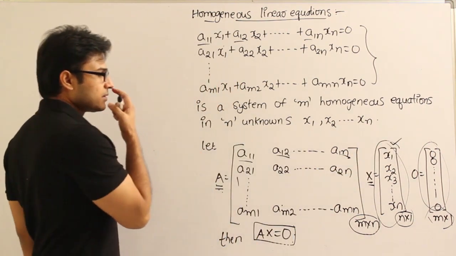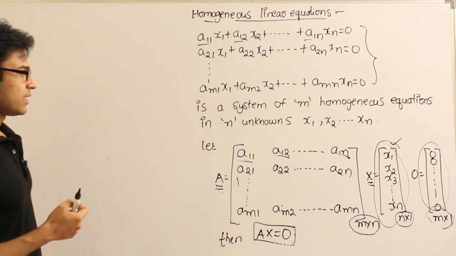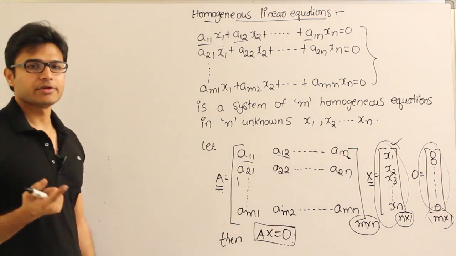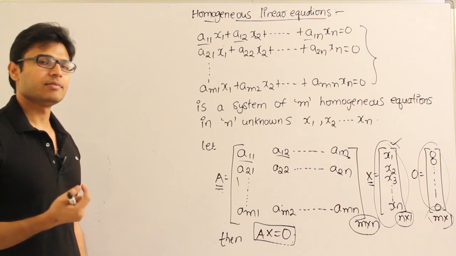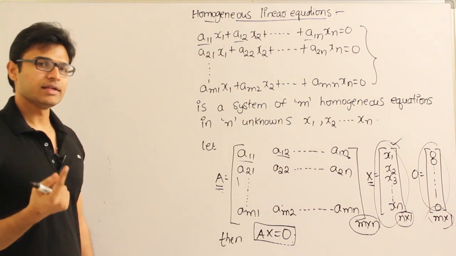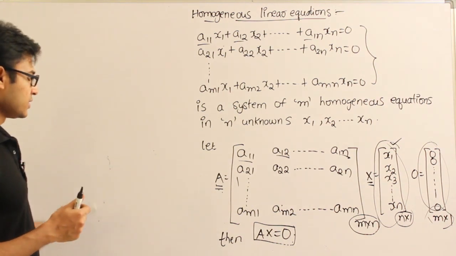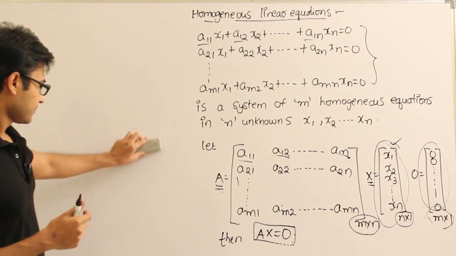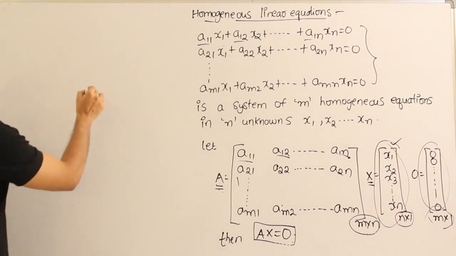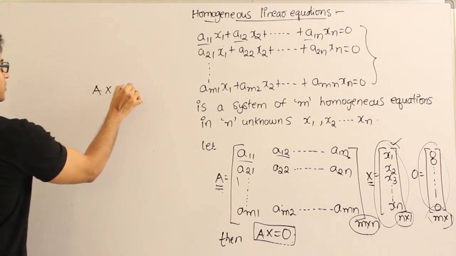Now the main questions on this will be like this: how many solutions are there, how many linearly dependent solutions are there, how many linearly independent solutions are there. Everything will be asked like that. I'll just tell you this. Now we have written this in the form AX equal to 0, right?